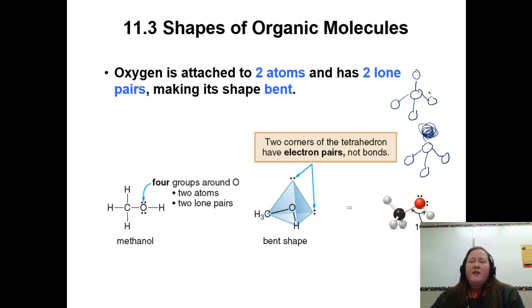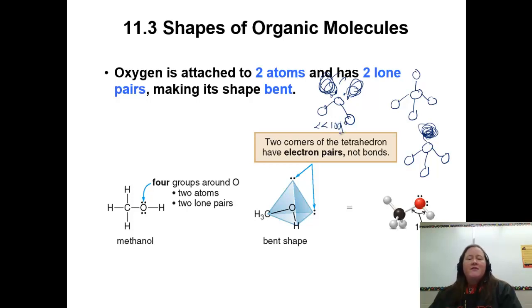Let me just review: this shape is called tetrahedral. This was called trigonal pyramidal. When we have 3 things, two atoms attached and 2 sets of lone pairs, this angle is less than 109 degrees.